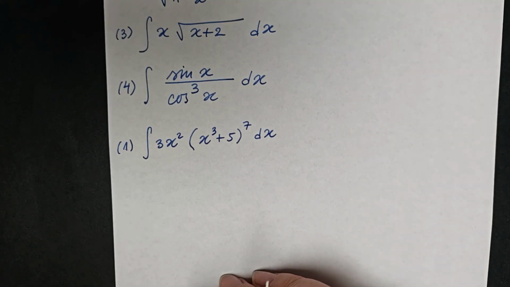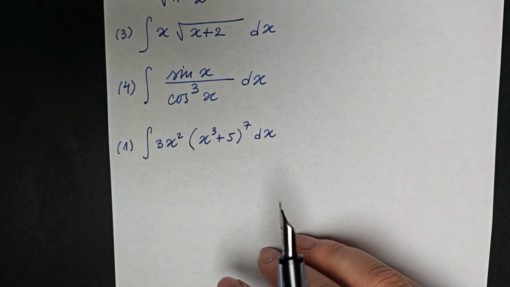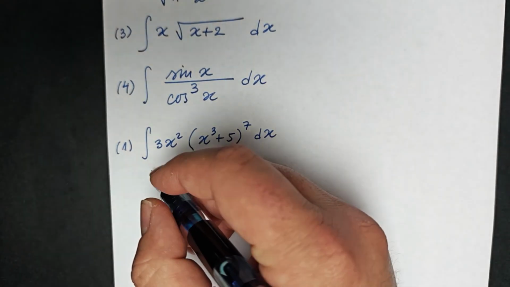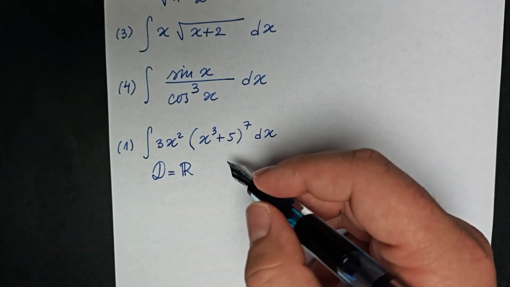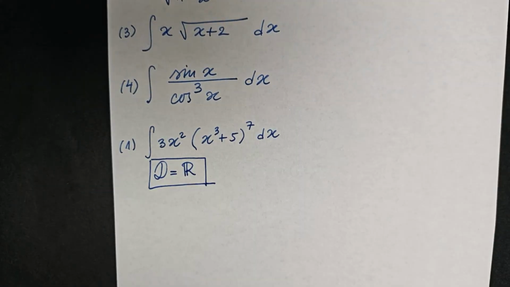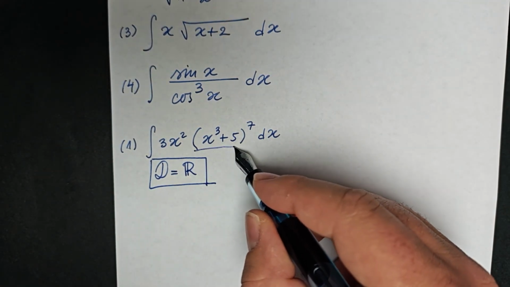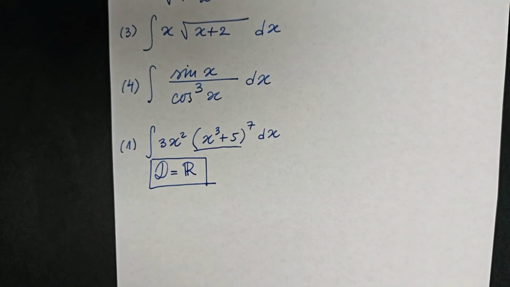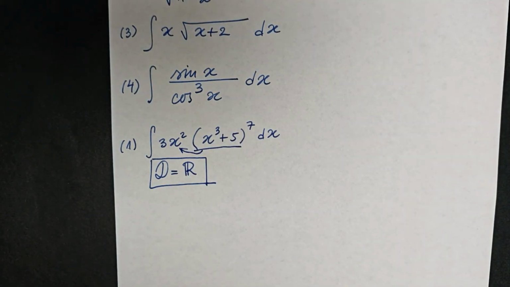The first thing you are going to do when solving an integral is to determine the area in which that integral is defined. For this integral, it is obvious that it is defined in the set of all real numbers. Now, when you take a look at this integral, the first thing that comes to mind is to expand the entire polynomial of the 7th power and then multiply the entire polynomial by this 3x squared.